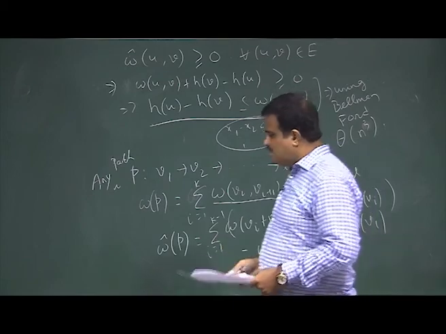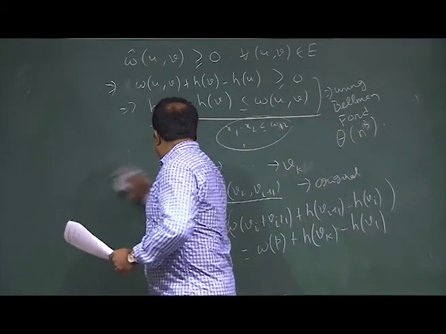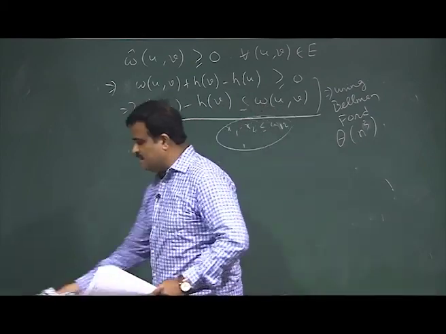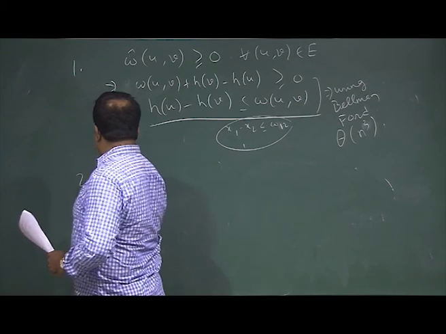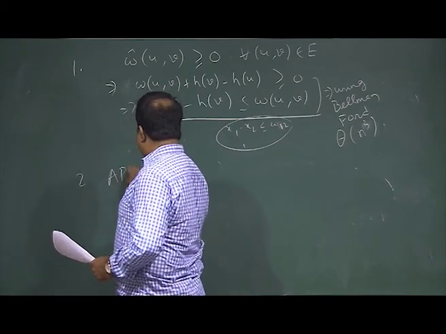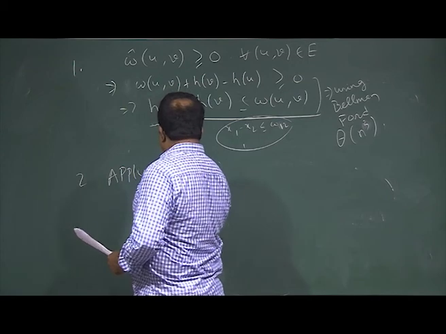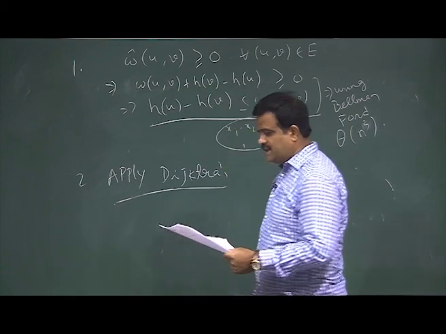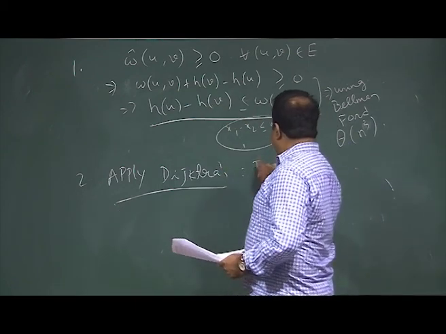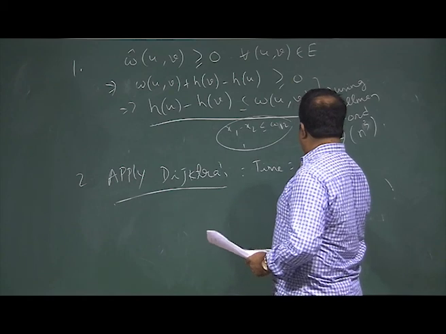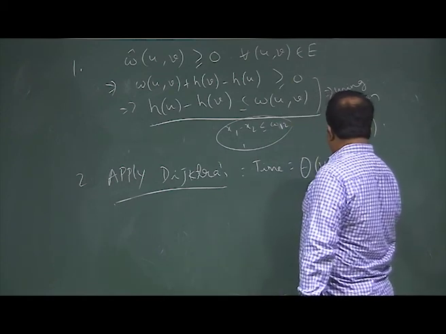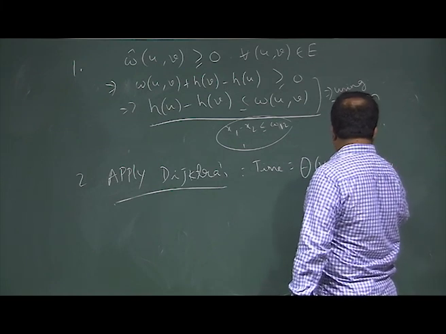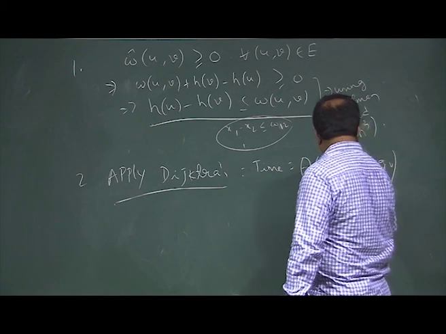Once we relabel the edges, the next step is we apply Dijkstra's for all pair shortest path, because there is no negative cycle, and this will take time for all pairs, order of V into E plus V square log V, if we use the Fibonacci heap data structure and amortized analysis.